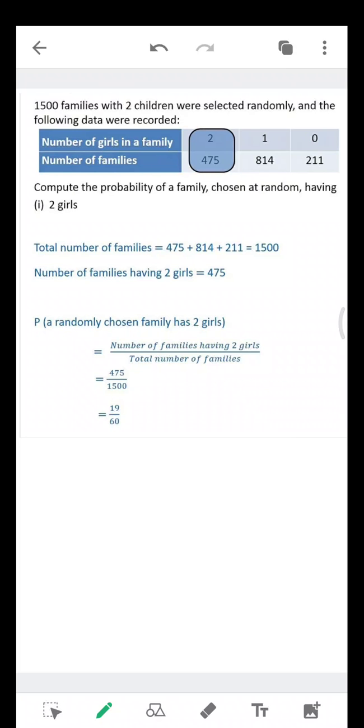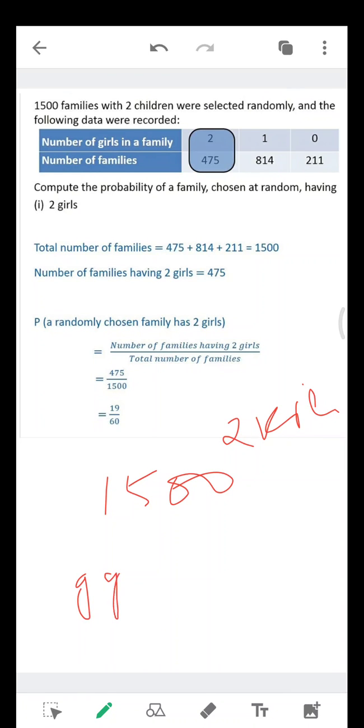So 2 kids means both can be girls, it can be a girl and a boy, or it can be both boys. This is the meaning of 2 kids.